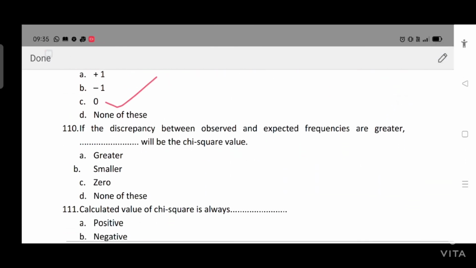The discrepancy between observed and expected frequency are greater, dash will be the chi-square value. A, B, C, D. Answer A, greater.